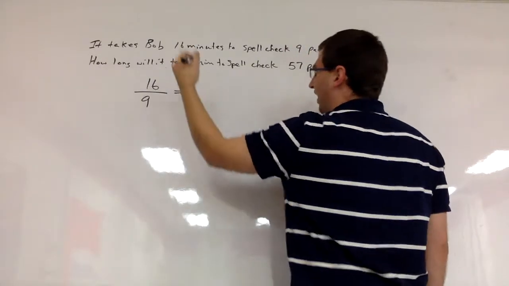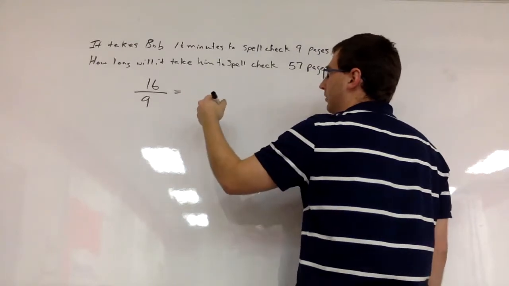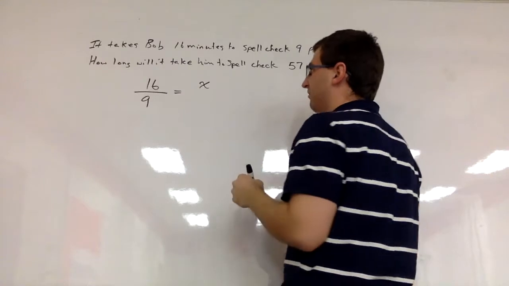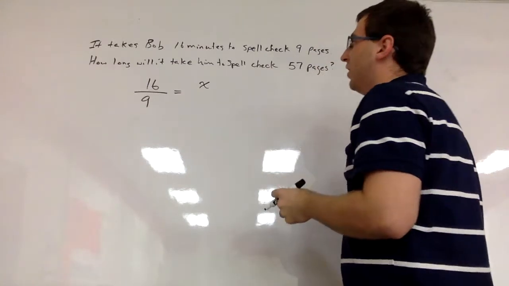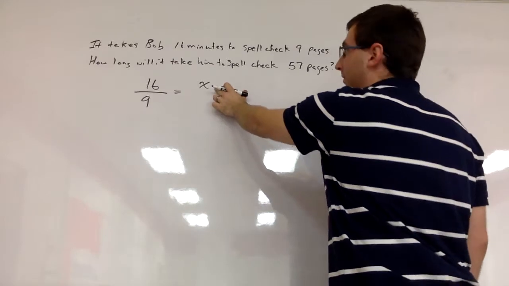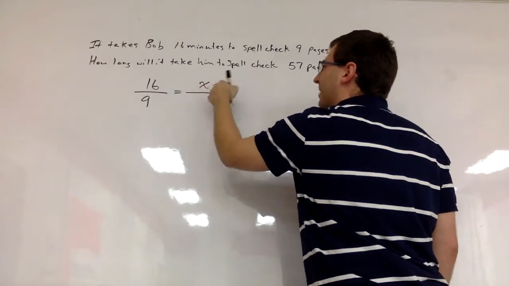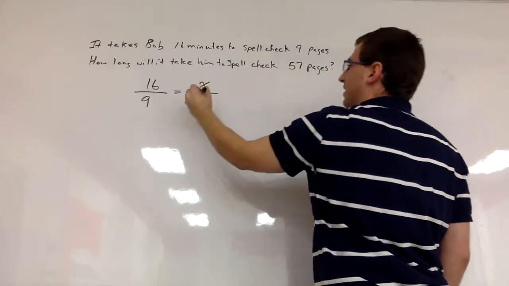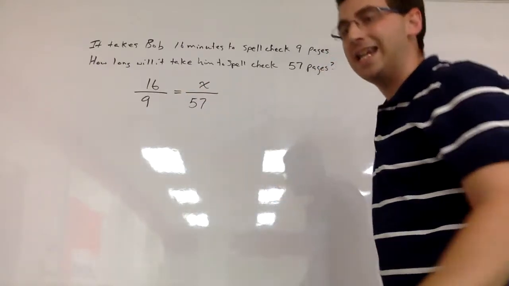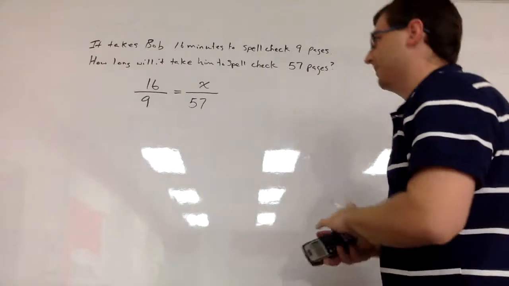Let's choose X, because that's what we're trying to figure out. And it takes him X amount of minutes to spell check 57 pages. Okay, so we get 16 over 9 equals X over 57.